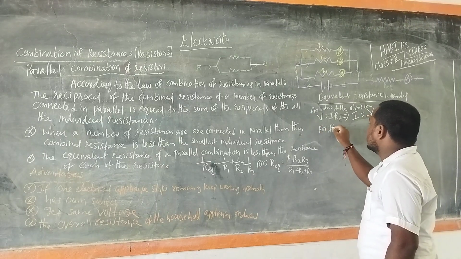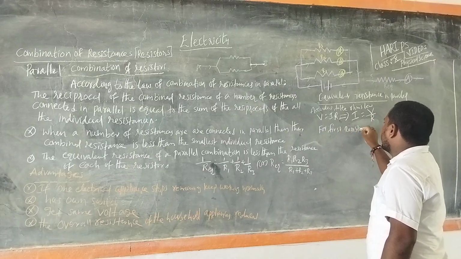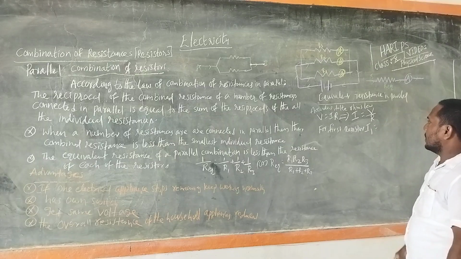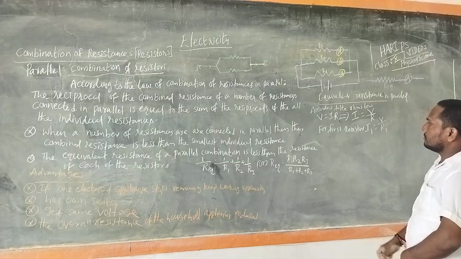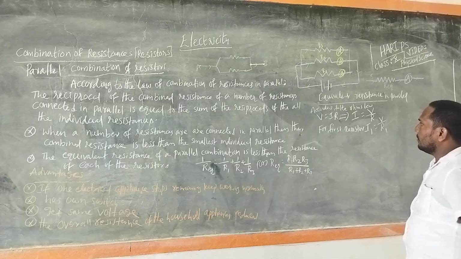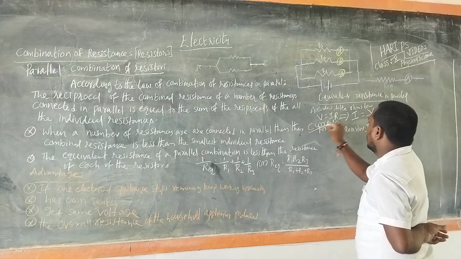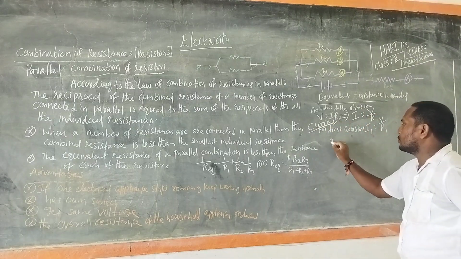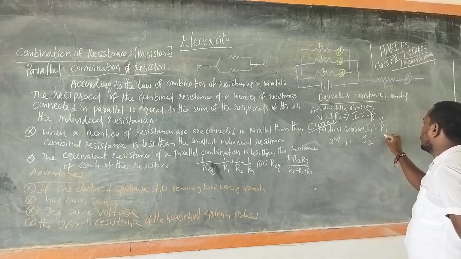For the first resistor, I1 is equal to V by R1. For the second resistor, I2 is equal to V by R2.